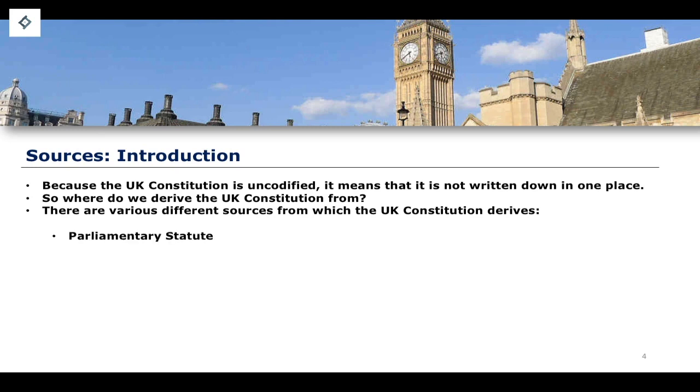The first of which includes parliamentary statutes. So a piece of legislation that is passed by Parliament would therefore contribute to the Constitution as a whole. Now, some people argue that it doesn't necessarily make sense to suggest that all pieces of parliamentary statute contribute to the UK Constitution, but only those pieces of statute that are particularly constitutional in nature.